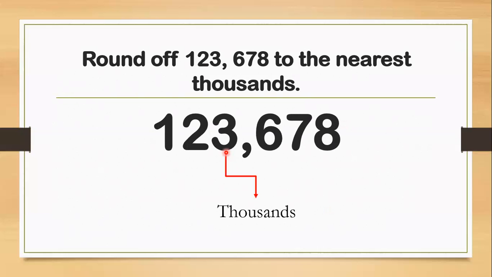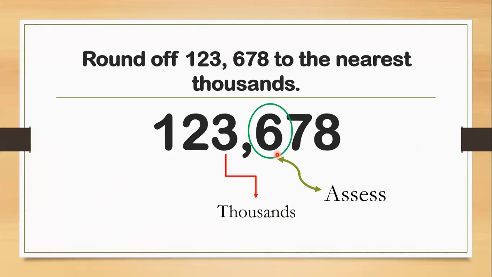It's 3. 3 is in the thousands place. Now, look at the number on the right-hand side. It's 6. Now, let us assess 6. Is 6 less than 5 or greater than 5? Right, it is greater than 5.